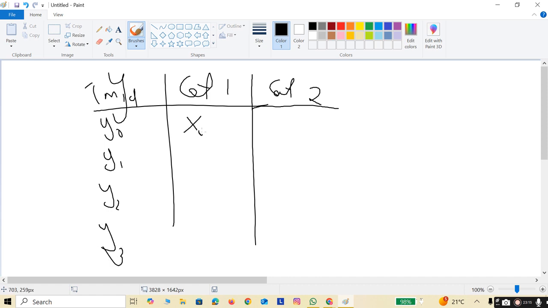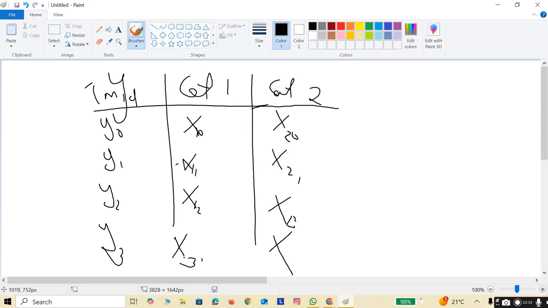Similarly, this is what we call x naught, x1, x2, x3. Then let us call it x1 naught, x11, x12, x13. Then this one is x2 naught, x21, x22, x23.